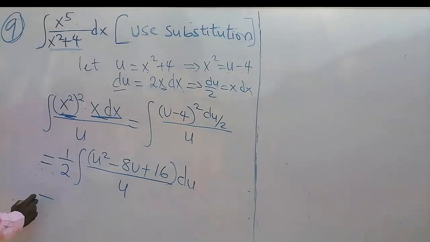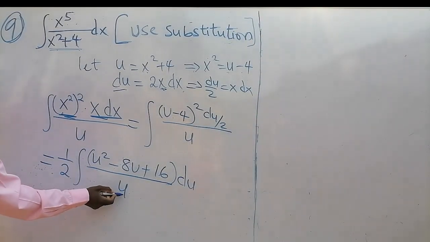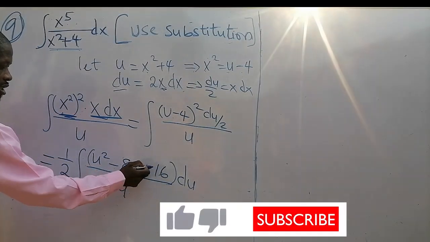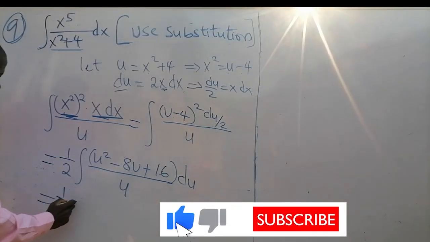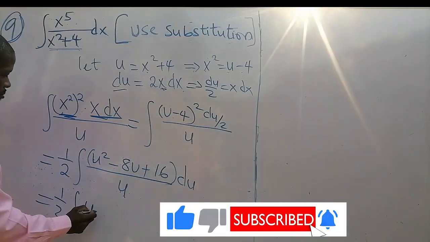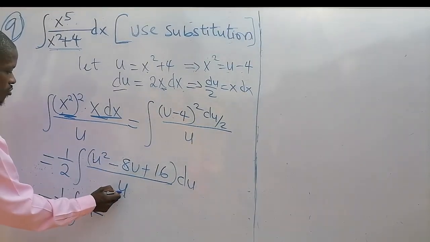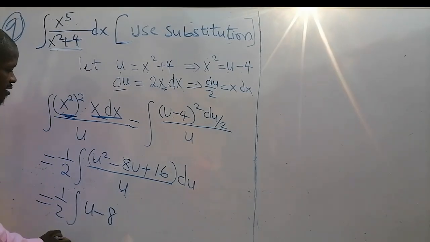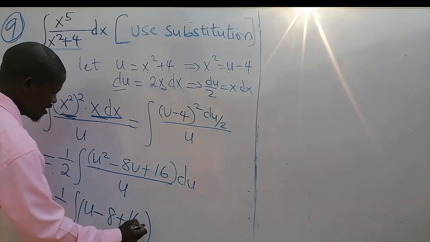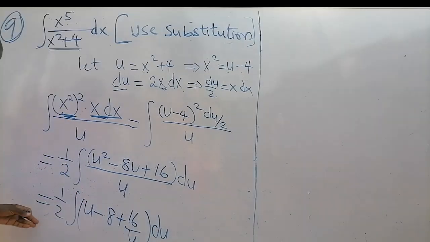So then the next thing to do now is to allow this u to divide each of the items in the numerator. So we're going to have this one over this one, that's u, minus 8u over u, that's 8, and then plus 16 over u du. So that's what we have.